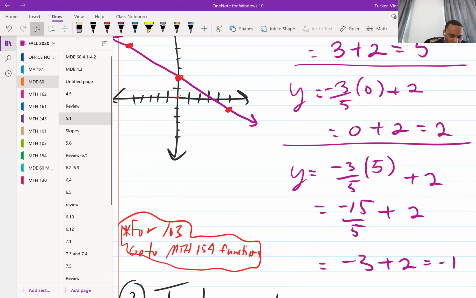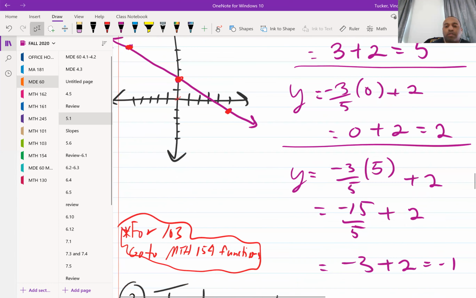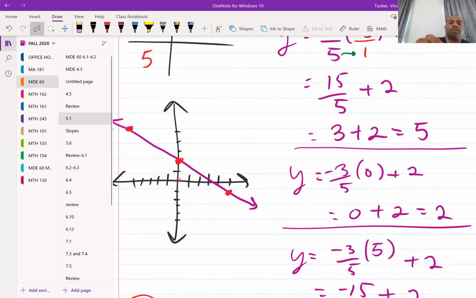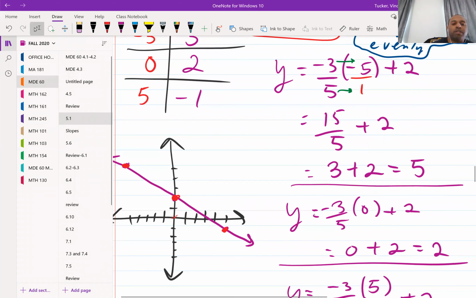Any questions? And then you graph those 3 points. Grab those 3 points, and then you'll get your line.